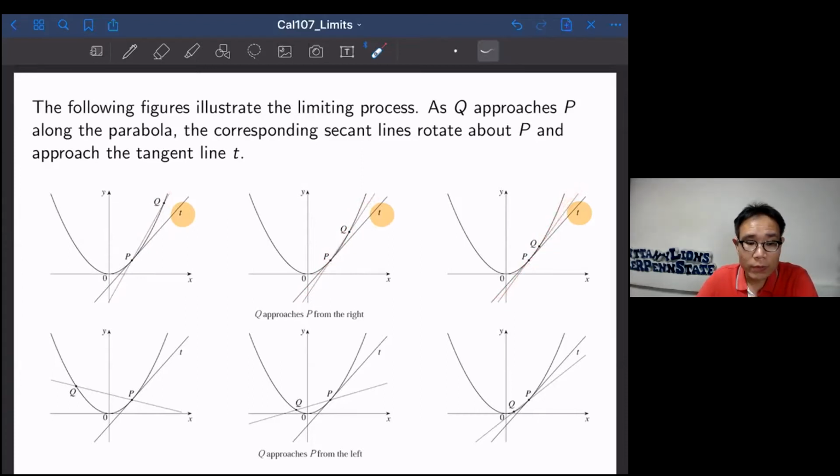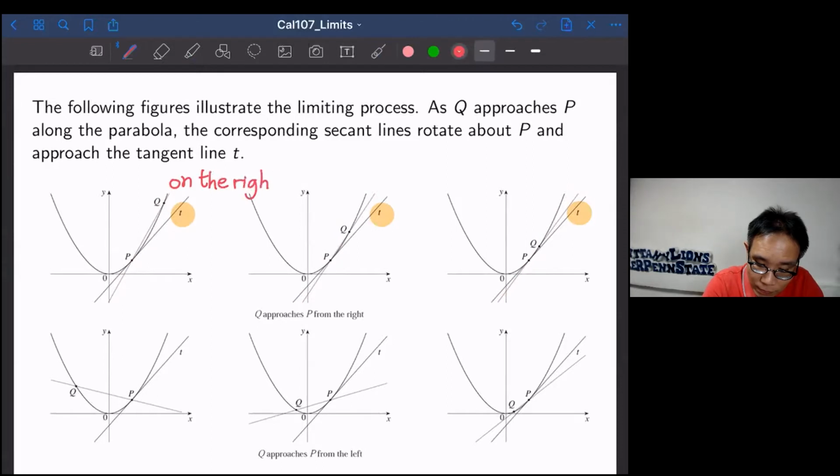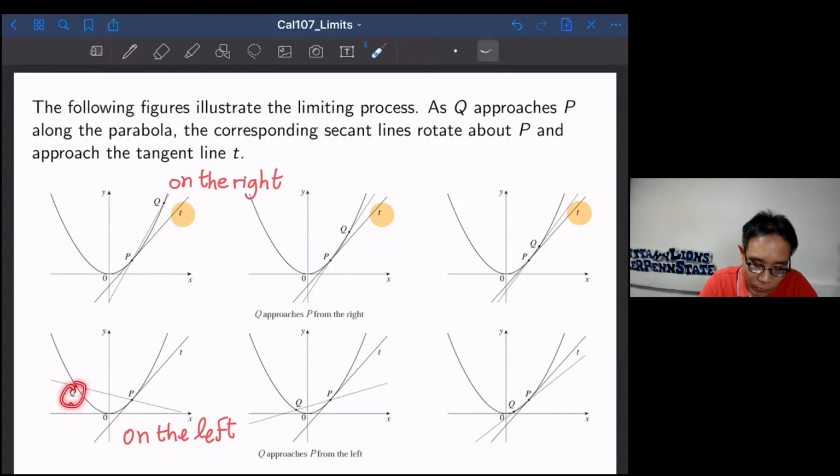Okay. However, Q can be on the other side. So this one is Q on the right side. Now we can have Q on the left side. So you have Q on the left, and you can move Q closer and closer.